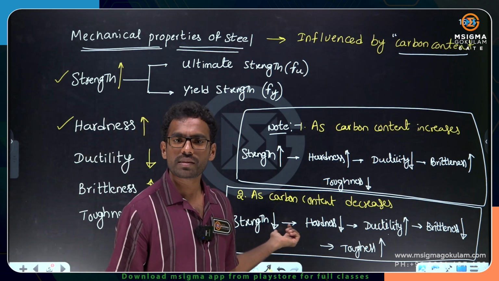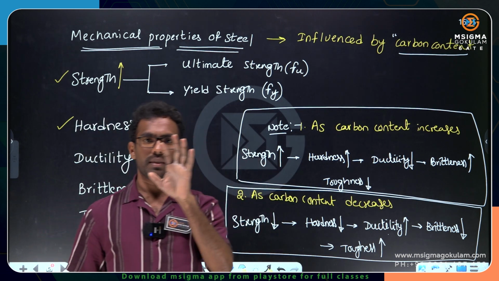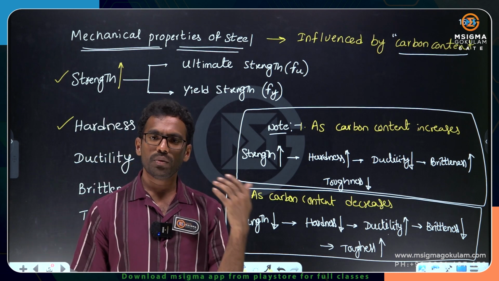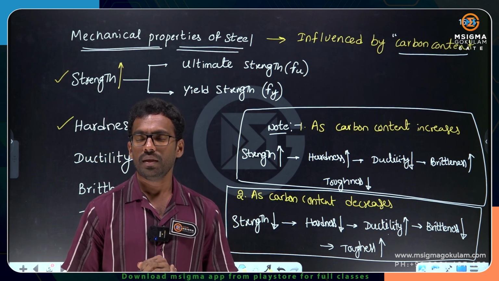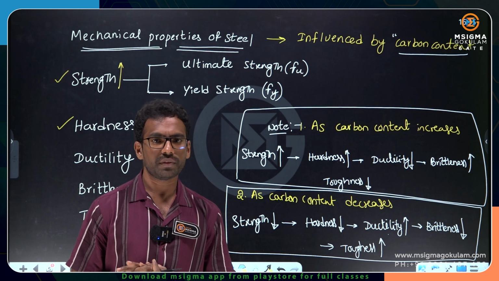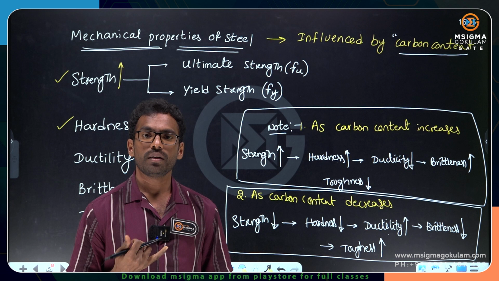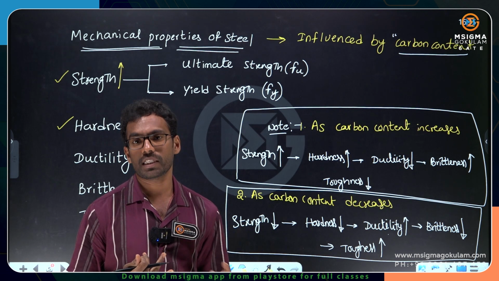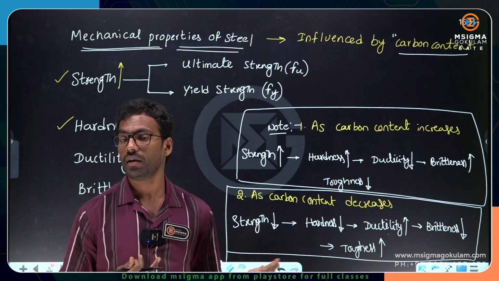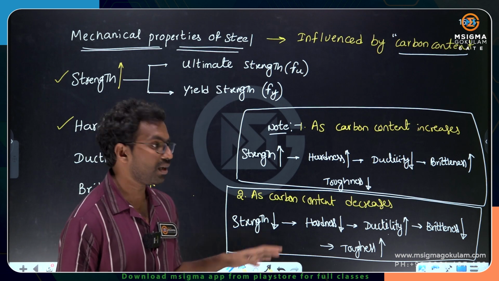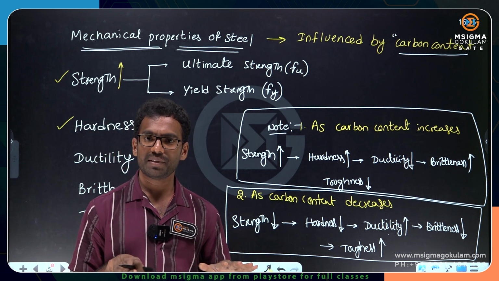However, we should not compromise on strength. Very important: if you look at any structural construction, essentially we have to look at strength first. So strength is a very important criterion. At the same time, it should not fail in the serviceability criteria as well. We have to consider both strength as well as brittleness.